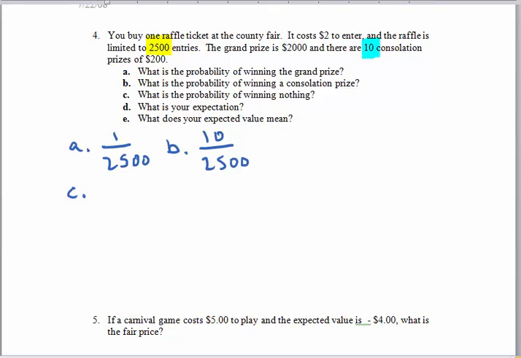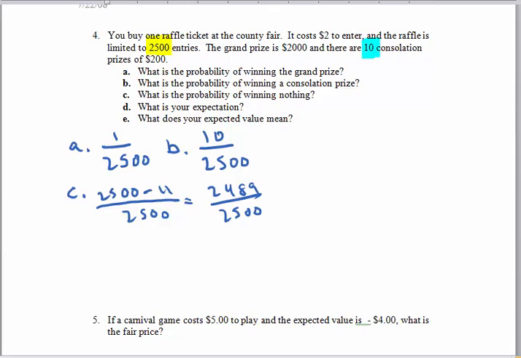So if there's 11 total winning entries out of the 2,500, the way to do it is just say 2,500 minus 11 out of 2,500. If you take away 11 from 2,500, you end up with 2,489 out of 2,500. So that's a big probability, right? There's a big probability that you're going to win nothing.